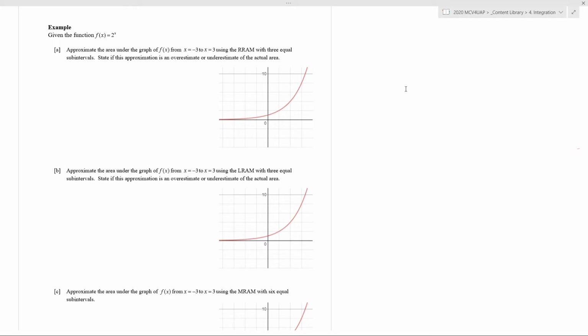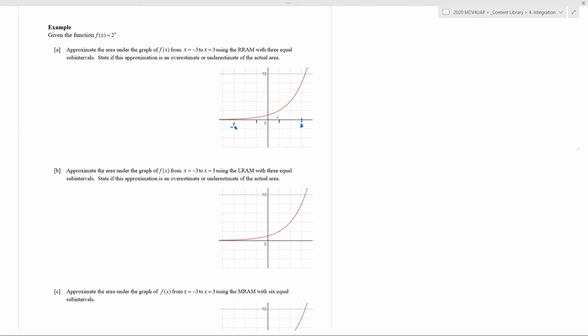So we're going from -3, which is here, to 3, which is there, using 3 equal subintervals. So I need to divide the distance from -3 to 3 into 3 subintervals, and then use RRAM.